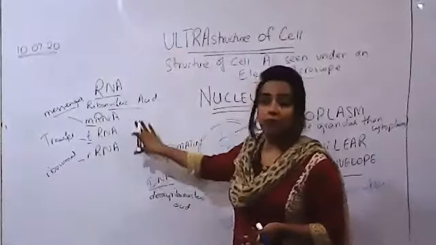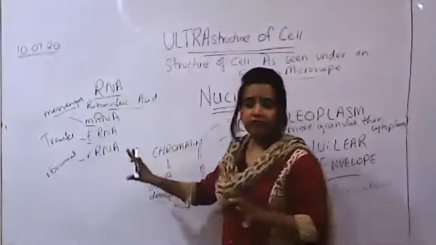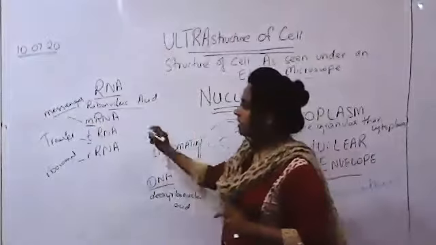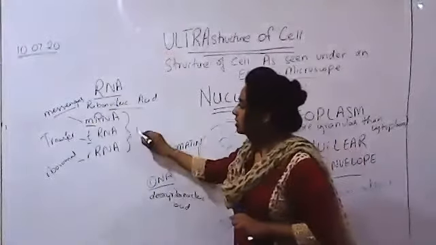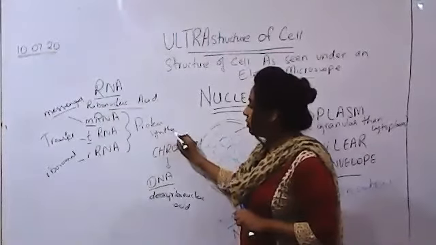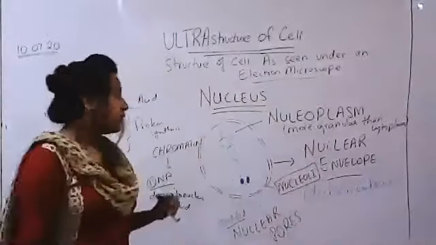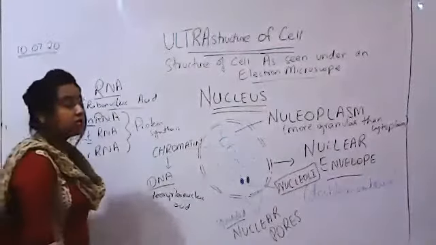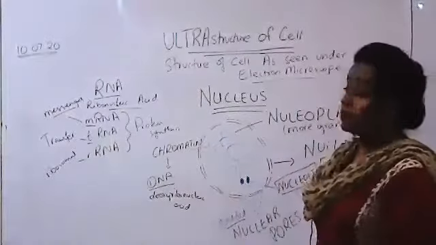So I want you to remember that these three are the types of RNA. What are their functions? We'll talk about them later. One tiny hint about their function: all three of them are concerned with protein synthesis. All three of them, in a way, synthesize proteins, right? One way or another, these three RNAs help in the formation of proteins, right?